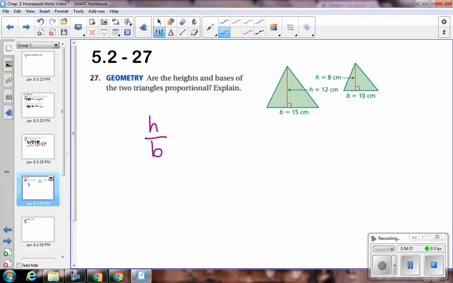So for our large triangle, we're trying to find out if 12 for the height and 15 for the base is proportional to our smaller triangle, where we have a height of 8 and a base of 10. So what you want to do is simplify those fractions and see if they're equivalent.